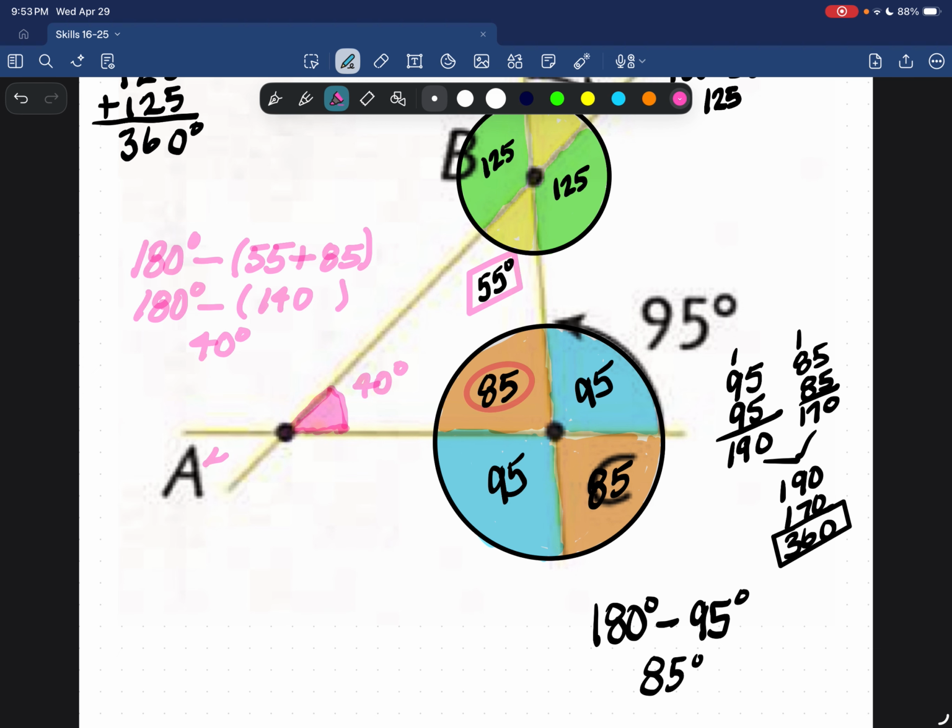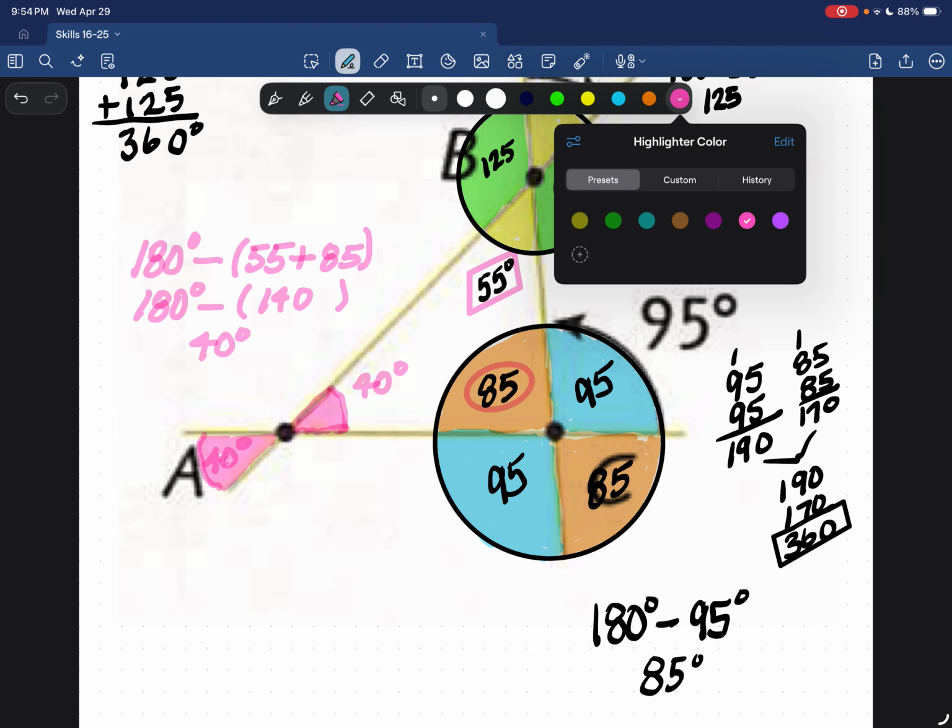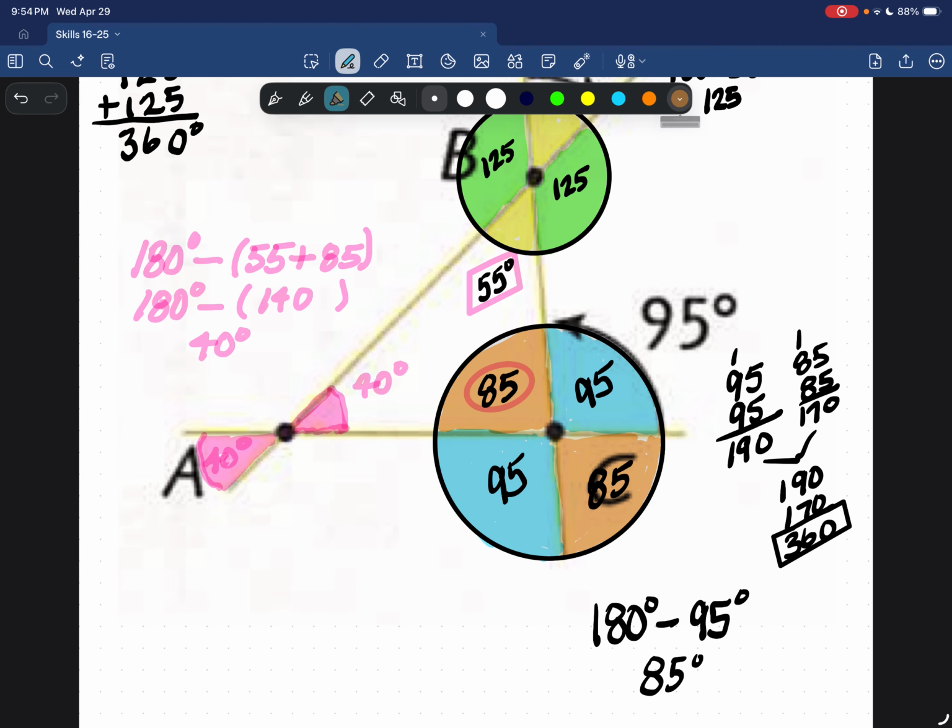I could tell you that this is 40 degrees. That's the other half of the bow tie. I can't resist, guys. I'm sorry. This is 40 and that's 40. So what would that other piece be? Let me get a color that we haven't used. We'll use purple.